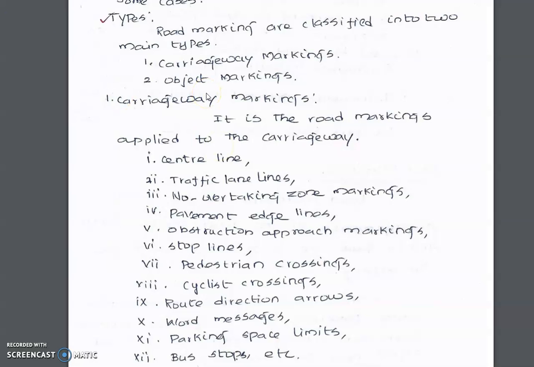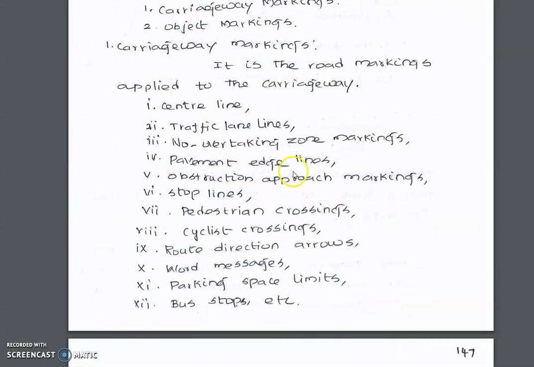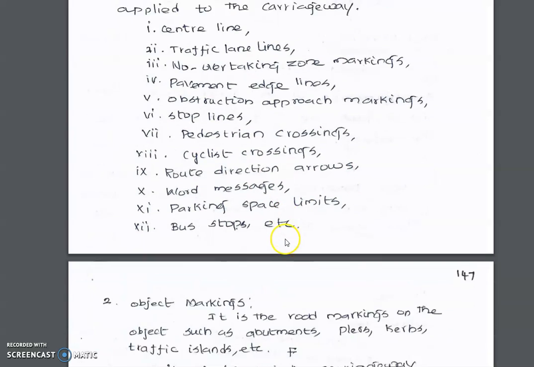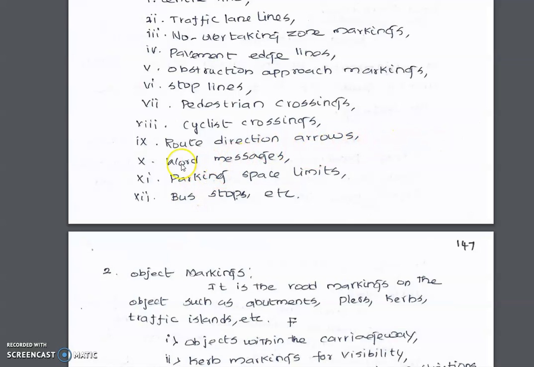It includes center line, traffic lane line, no overtaking zone marking, pavement edge lines, obstruction approach marking, stop lines, pedestrian crossing, cyclist crossing, route direction arrows, word message, parking shape limit, bus stop, etc.